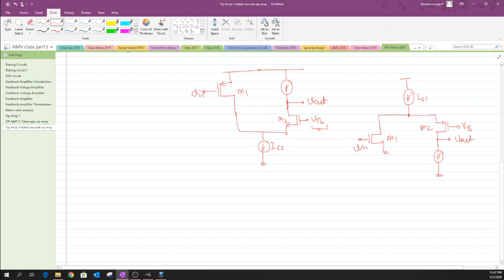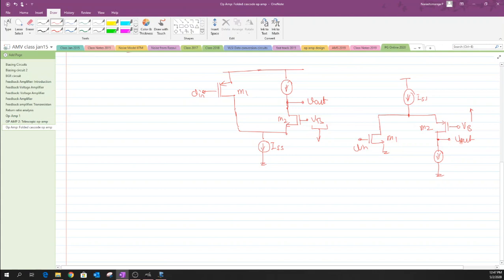But one could freely move the value of VB all the way closer to ground, and that is what has happened in the case of a folded cascode amplifier. Similarly, in the case of the folded down configuration, the value of VB can rise all the way up to a value closer to VDD, but again it has been constrained by the drain potential of the M2 transistor.